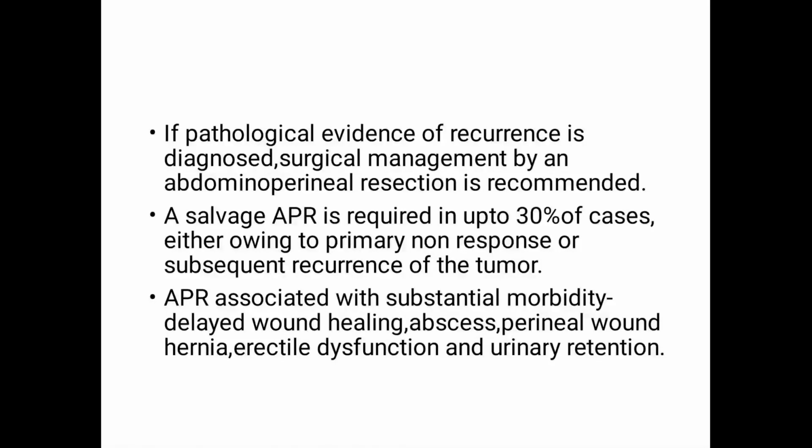Salvage APR is recommended in up to 30% of cases, either owing to primary non-response or subsequent recurrence of the tumor. APR is associated with substantial morbidity: delayed wound healing, abscess formation, perineal wound hernia, erectile dysfunction, urinary retention.